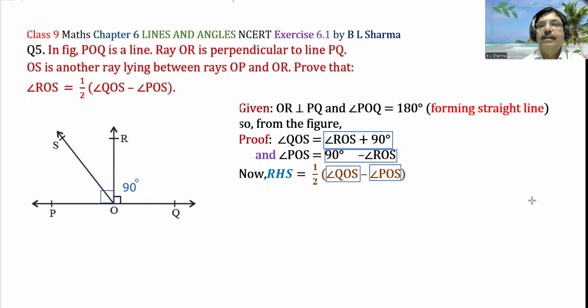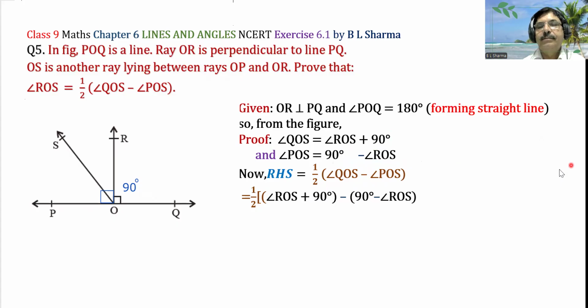And you will get your answer. So half as it is, in place of angle QOS, write ROS plus 90 minus. In place of angle POS, write 90 minus angle ROS. Solve करिए. 1/2 as it is, angle ROS plus 90 as it is, but now minus 90 minus minus plus angle ROS. See, open the bracket.